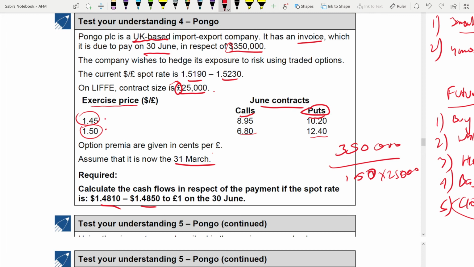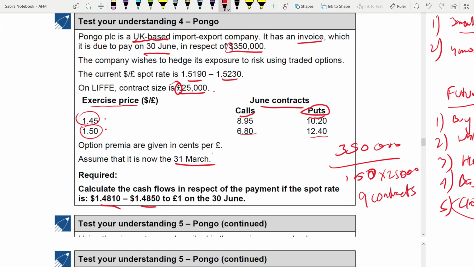So what is the amount you are getting? It is 9.333 something, right? So we always round down, not round up. We could go for 9 or 10 contracts, but we always go for the rounded-down figure, 9 contracts.